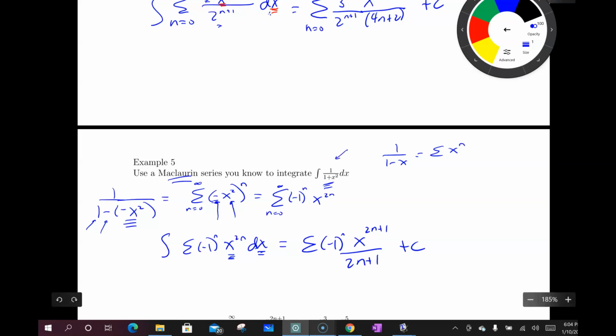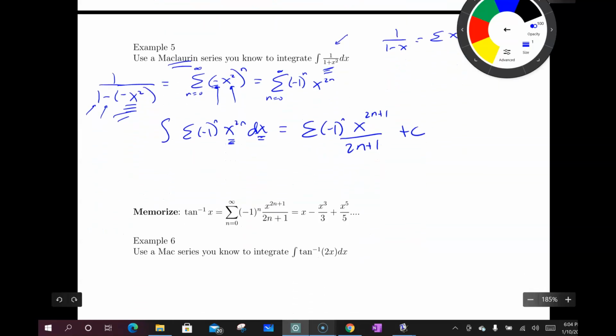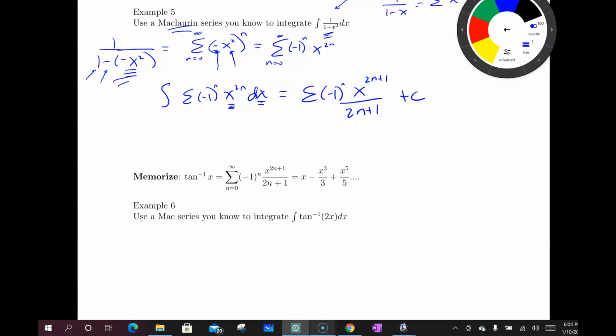You recognize what I want to do: rewrite it using my pattern, and then take the antiderivative. All right, so yet another Maclaurin series to get to know. So this is x to the 2n plus 1 over 2n plus 1. Remember, sine has 2n plus 1 factorial, so it's different.